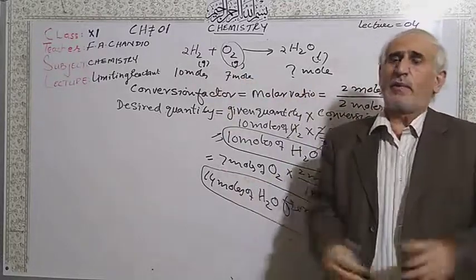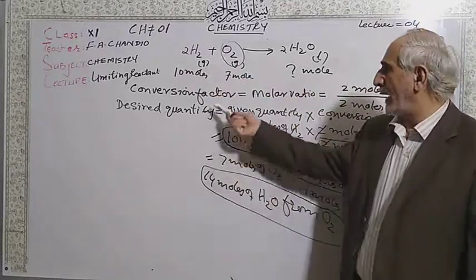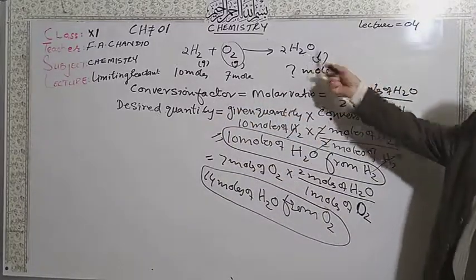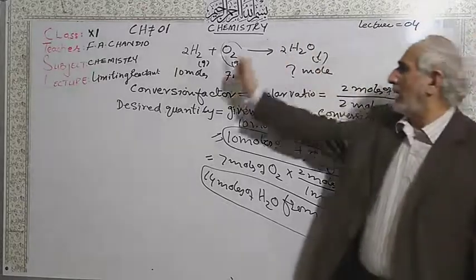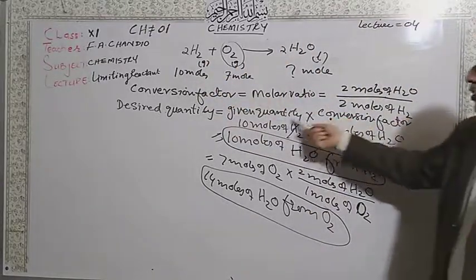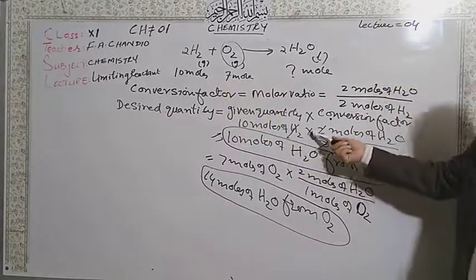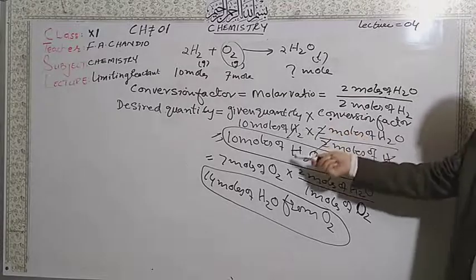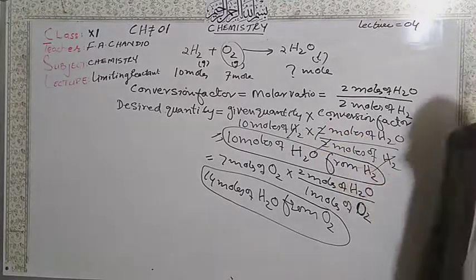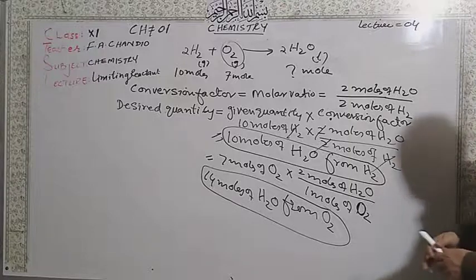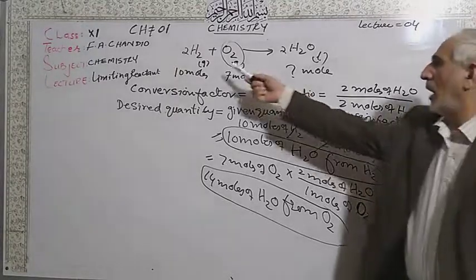Then I will select 1. The previous method I applied conversion factor, molar ratio. 2 moles of water should be numerator, and the 2 moles of hydrogen should be denominator. And given quantity is 10 moles of hydrogen, and 2 cancel, 2 cancel. You will get 10 moles of water. So 10 moles of water we have to calculate from the hydrogen.